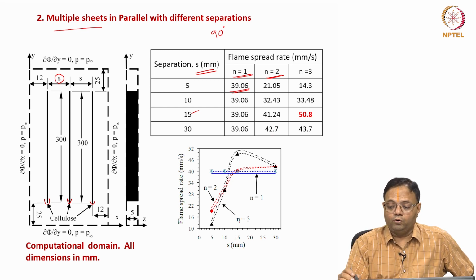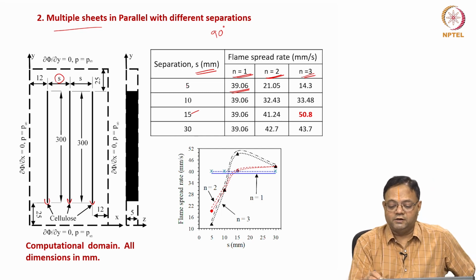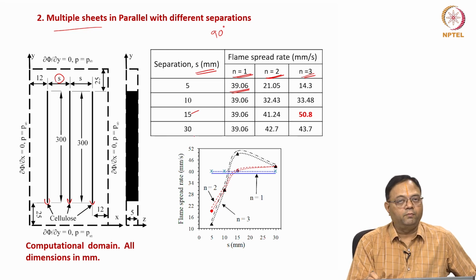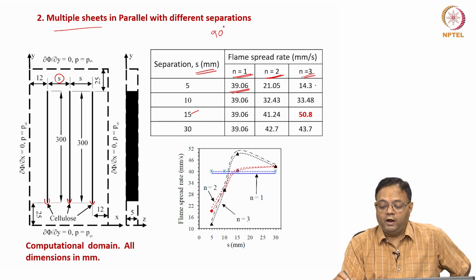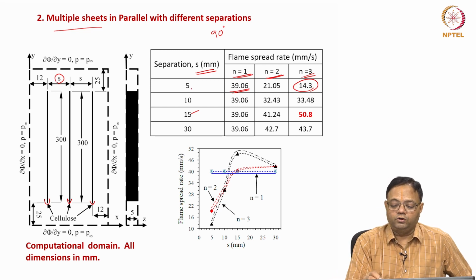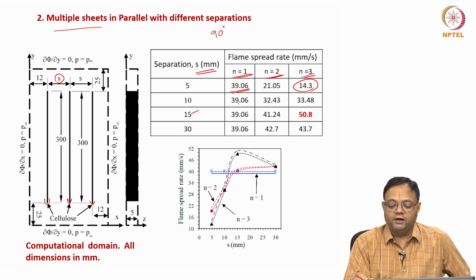Now, coming to n equal to 3, that means there are 3 sheets kept and the separation distance between any 2 sheets is the same, which is S. It is say 5 mm, 10 mm, 15 mm or 30 mm. So, as seen in the n equal to 2 case, you can see that the flame spread velocity is very low at low separation distance and it increases nicely, but again it is below the single sheet case for 10.